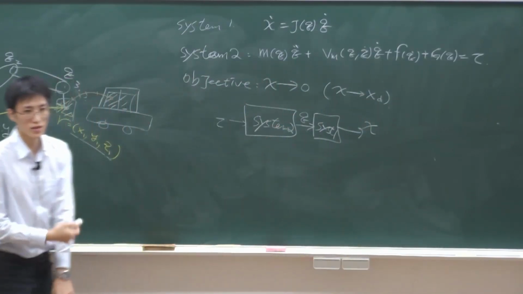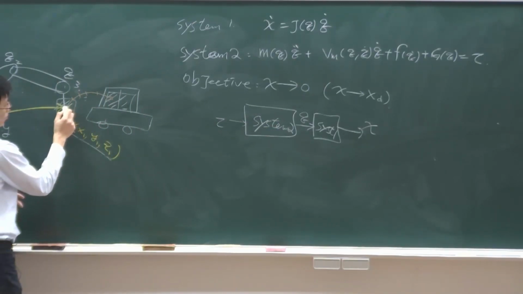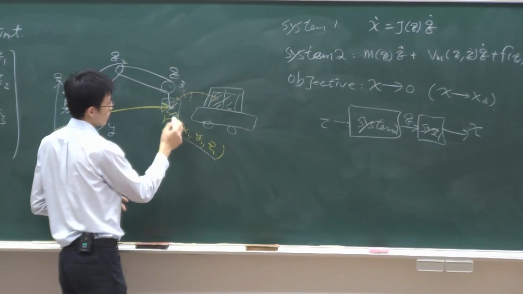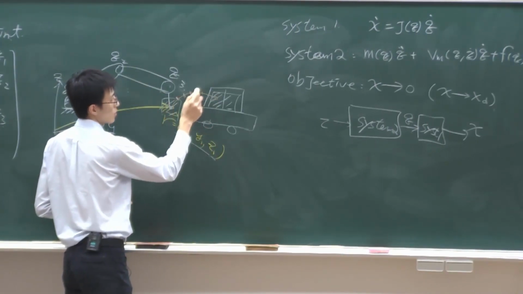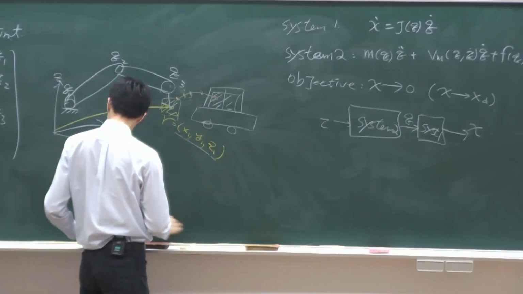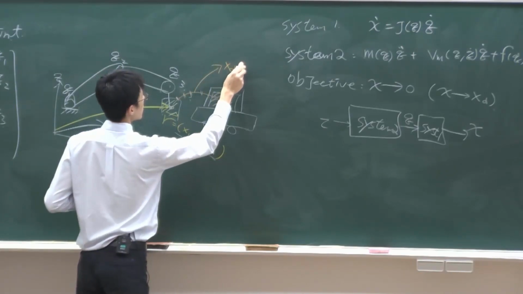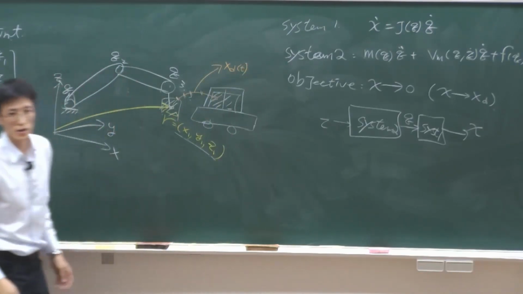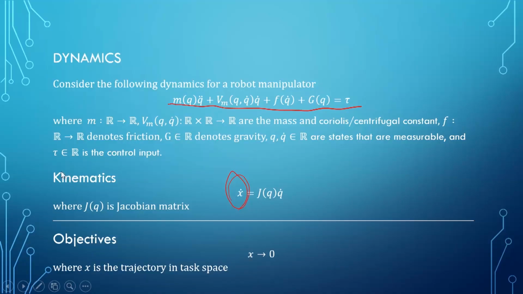And the xd will be the desired trajectories that describe how you move the pedal from here to here. The trajectory is xd. It's a function of time. So now we need to design the backstepping controller for this dynamics, for those two subsystems.